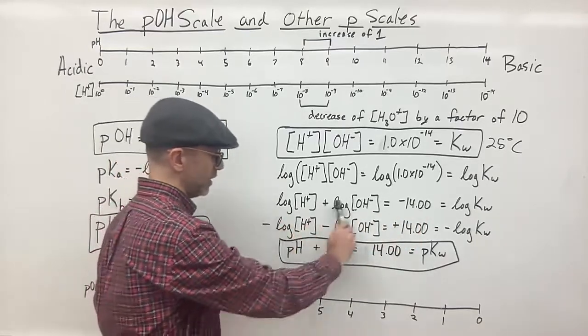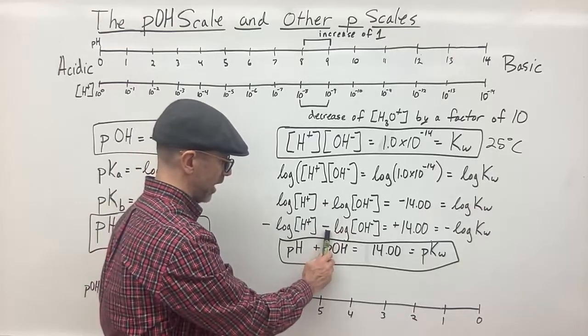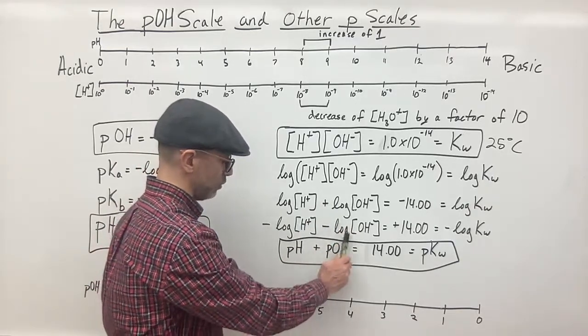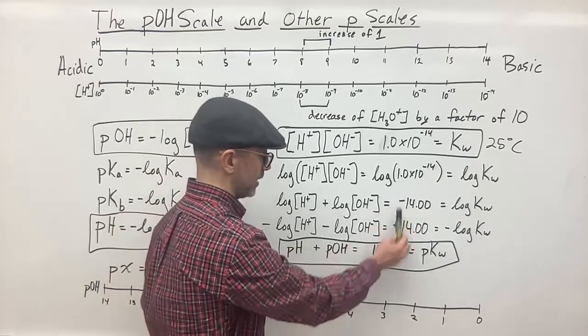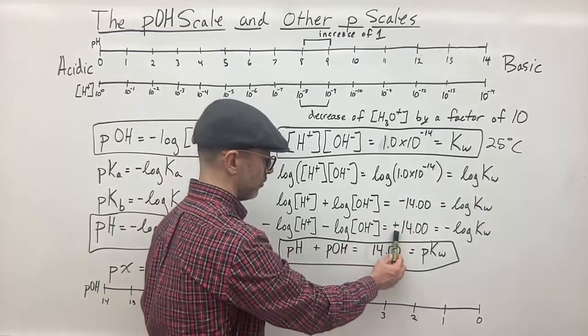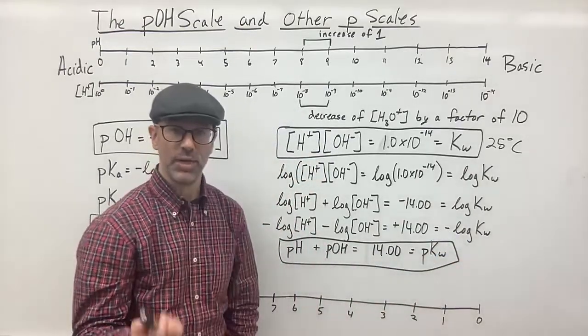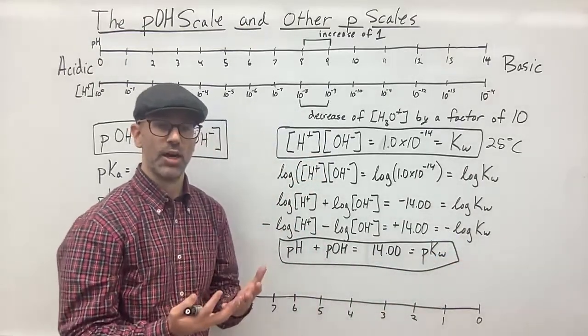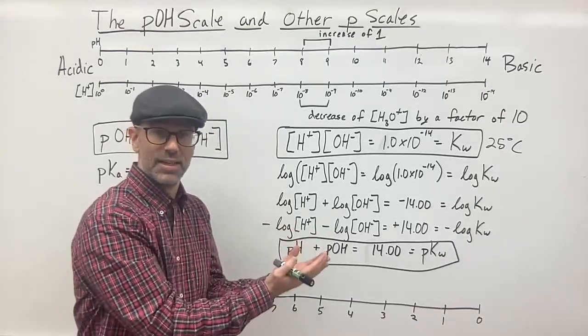So if I take the negative of this side, I get negative log of H plus, and then plus the negative log of OH minus concentration. And that's equal, if I take the negative of a negative, that gives me a positive, to the negative log of Kw. But as we have seen, the negative log of something is the P of that thing as well.